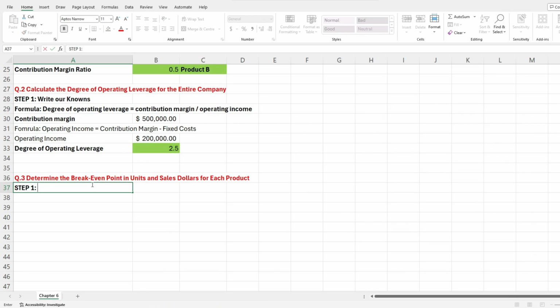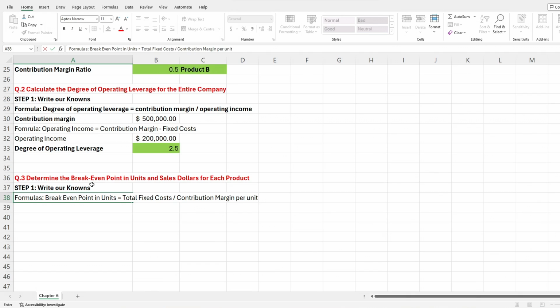So step 1, like everything, let's write our knowns. Our knowns include our formulas, so we don't forget while we're doing the question and we know what we're working for. So break-even point in units is equal to total fixed costs divided by our contribution margin per unit.